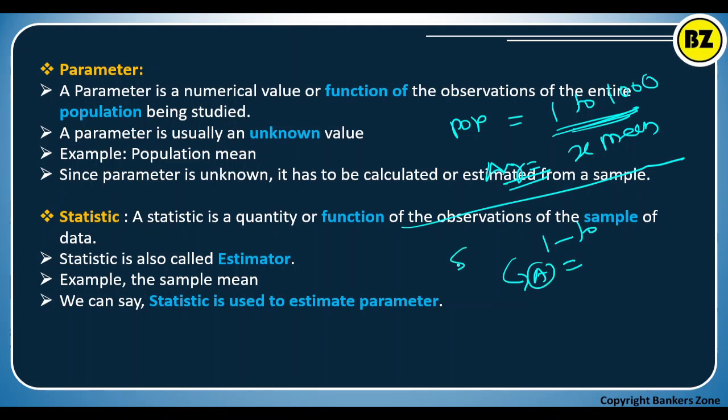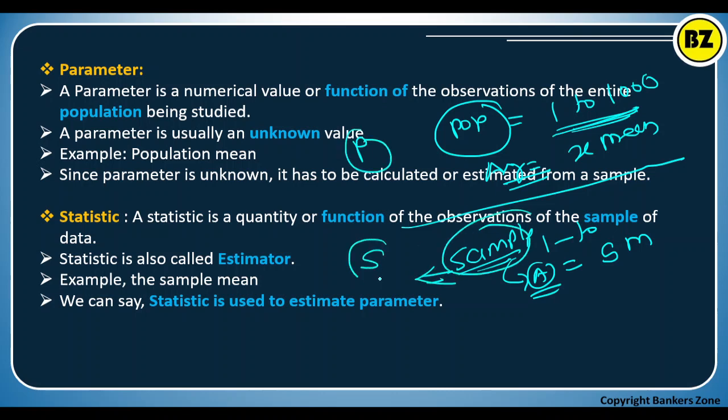So this is the sample you have taken, 1 to 10 only, right? You have calculated the average of that, so it will be the sample statistic mean. So what I have to say is, things you calculate for the population are referred to as parameters. The things you calculate for the sample are referred to as statistics.